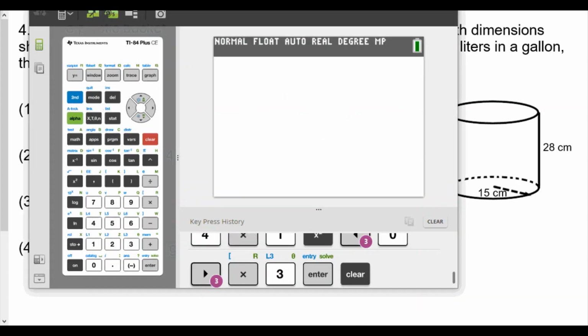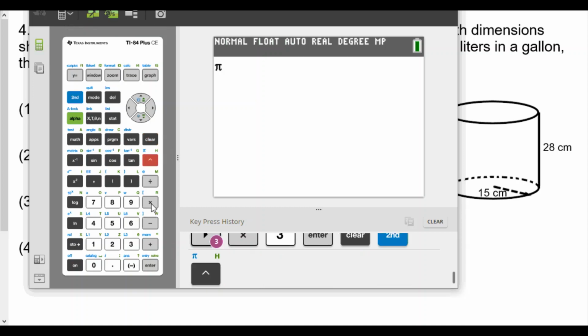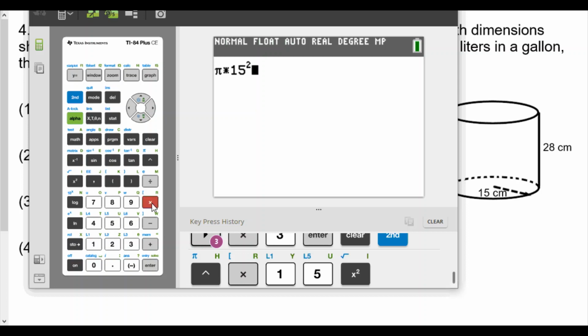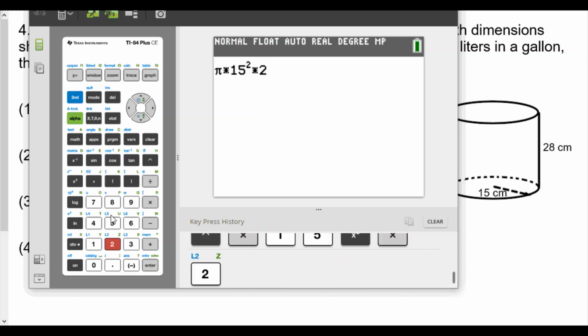So we have pi times the radius squared, which is 15 squared, and then we multiply that by 28.